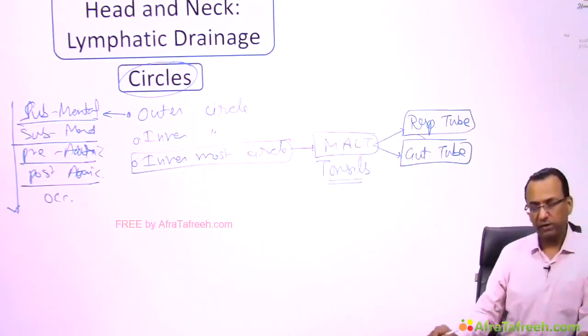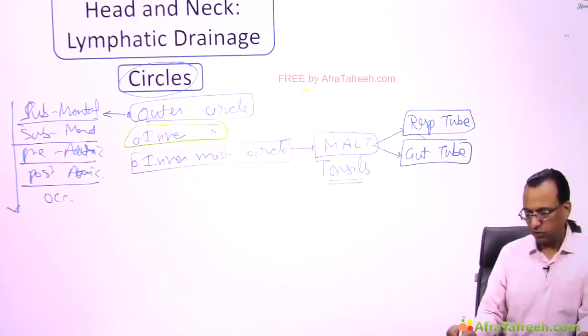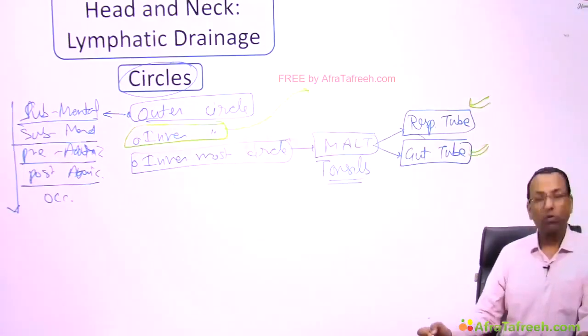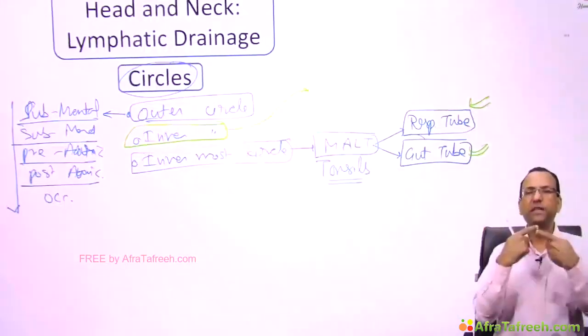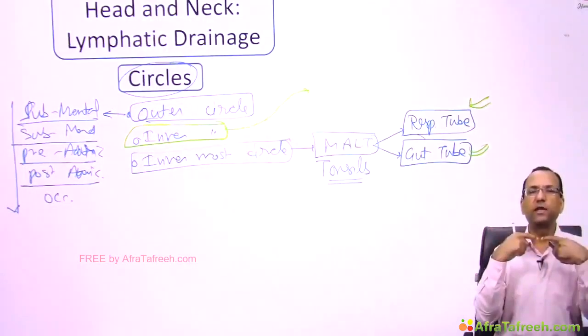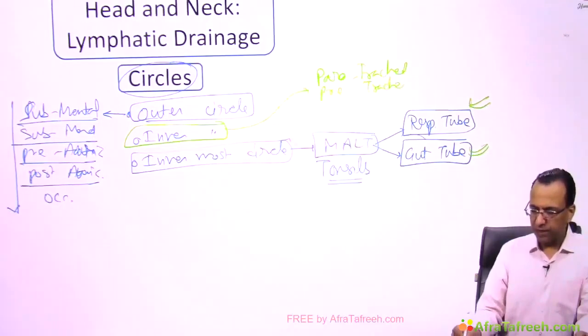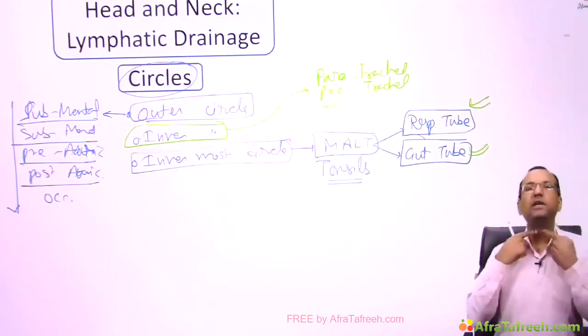And what is the inner circle? If you say the inner circle is around these tubes only, but you told me that was the mouth. No, there is an outer circle, an inner circle, and an innermost circle. So what is the inner circle then? Around the trachea. You mean to say paratracheal? Yes, paratracheal, you can say pretracheal, around the respiratory tube and gut tube here.